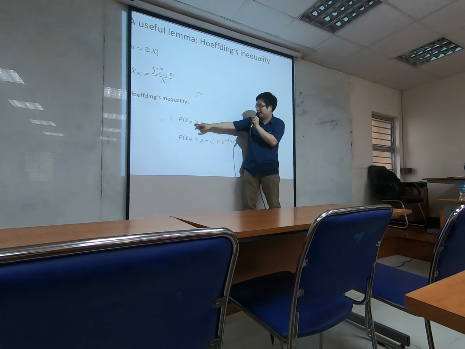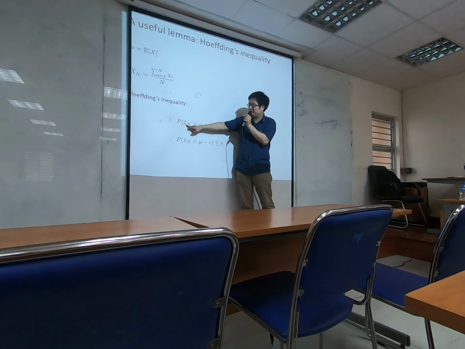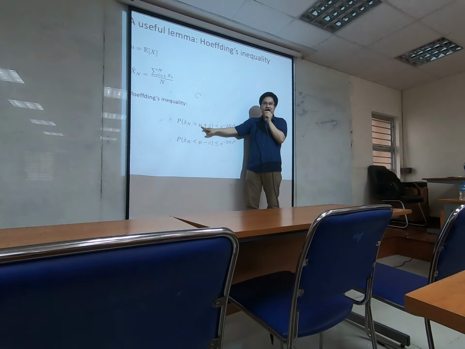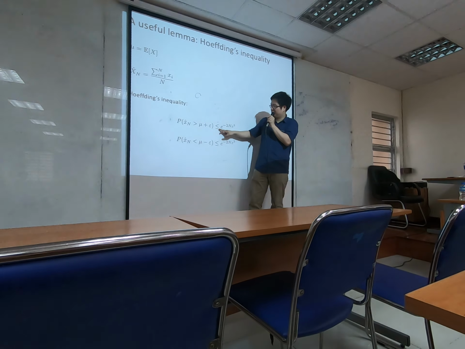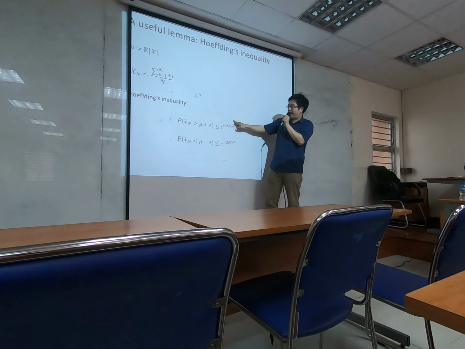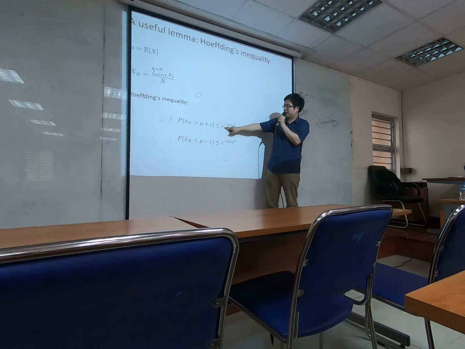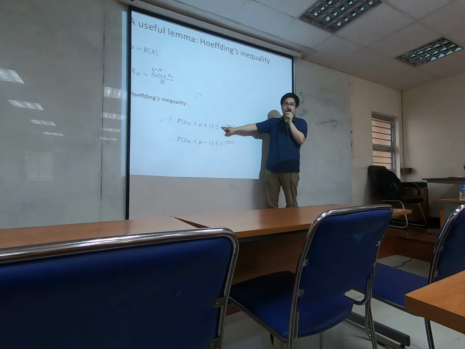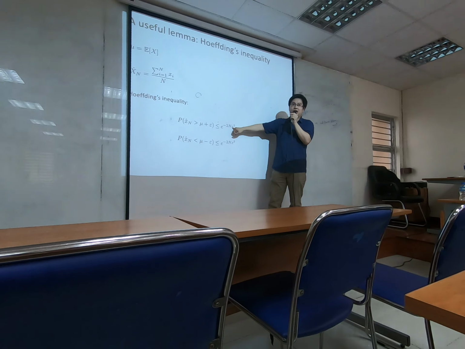More formally, it says that the probability that the empirical mean is larger than the true mean by epsilon is exponentially small. It is e to the power of minus 2 times n, the number of samples, multiplied by epsilon squared.